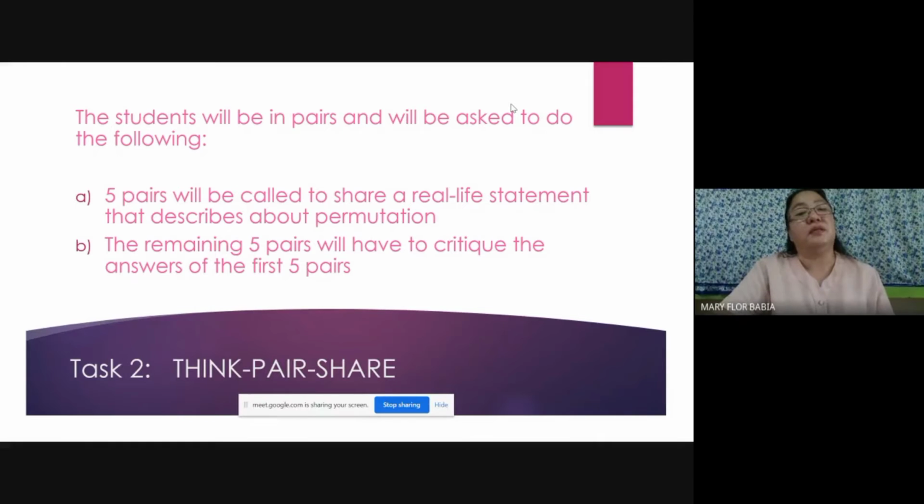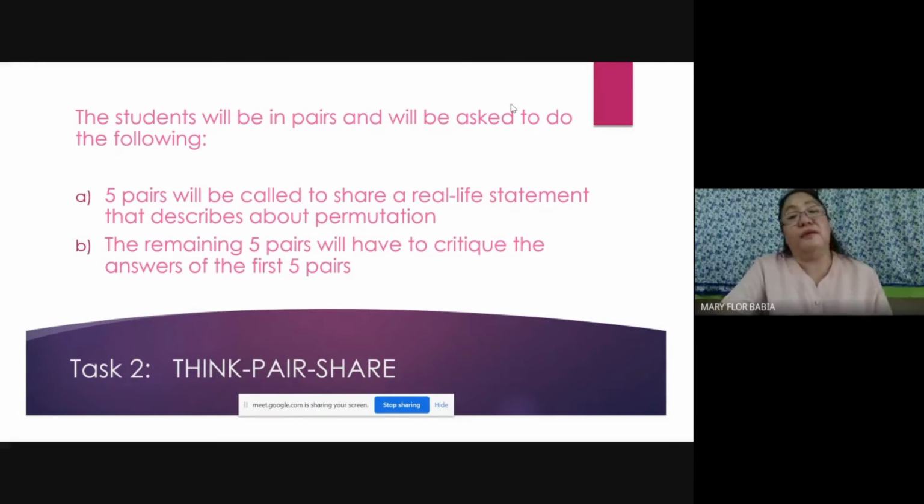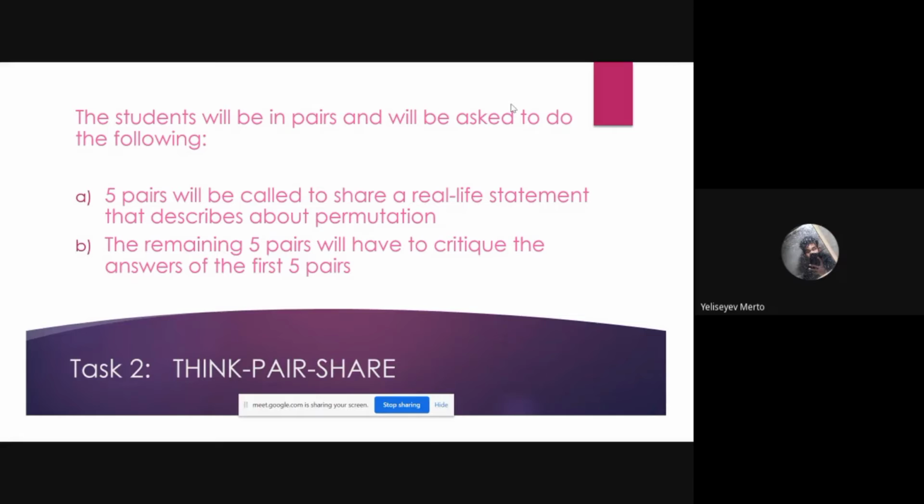Can you critique the answer of Maida? Yes, ma'am. It is correct because we rank, ma'am. An example of permutation is ranking people. So yes, ma'am, it is valid.